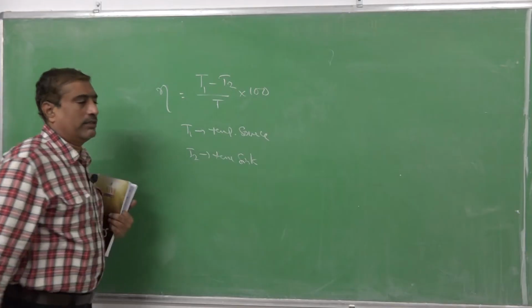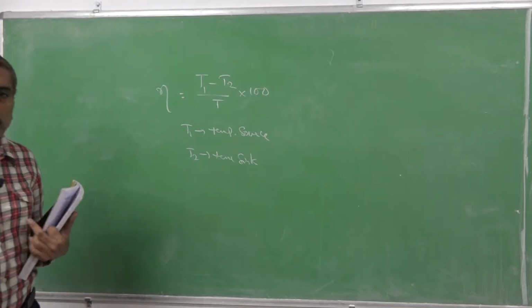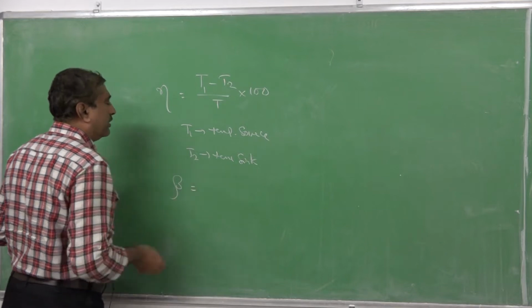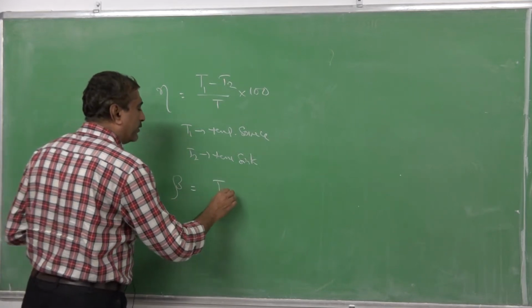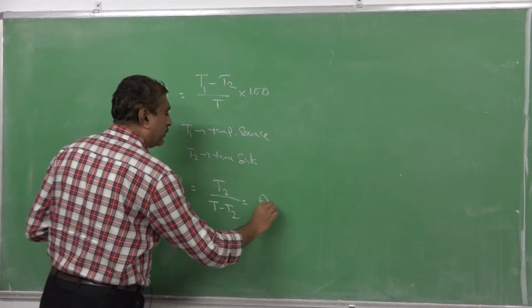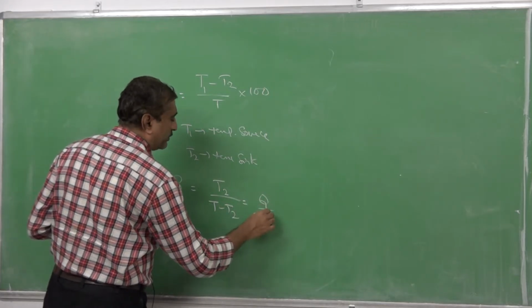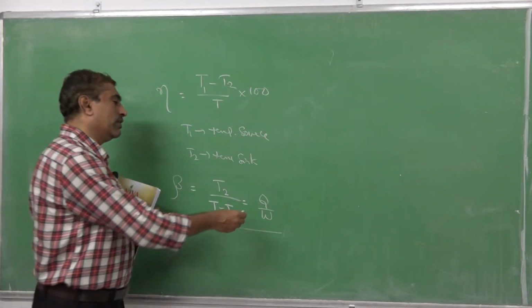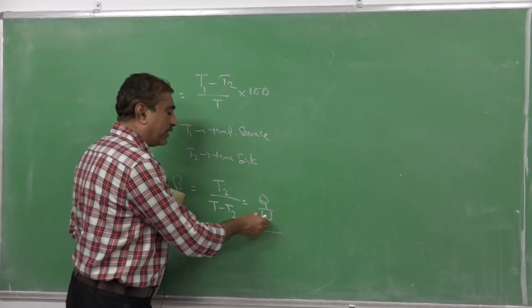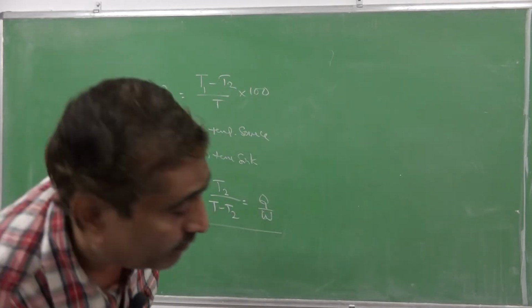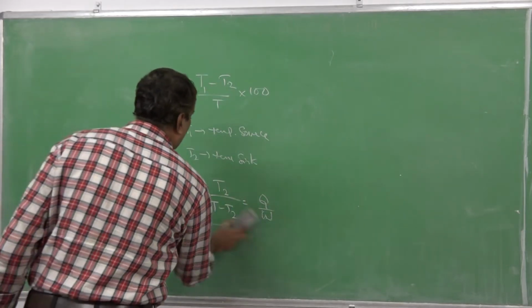The reverse process of a heat engine is the refrigerator. The coefficient of performance of the refrigerator is given by T2 by (T1 minus T2), which equals Q by W, that is, the amount of heat rejected to the amount of work done. So you remember this formula.